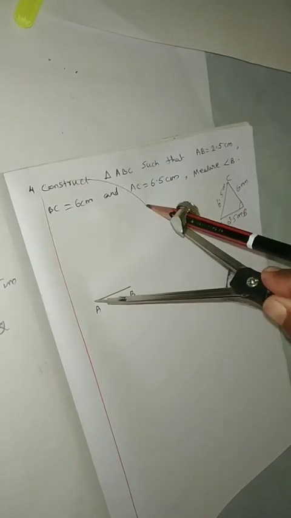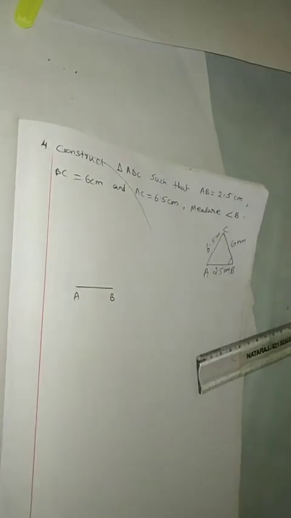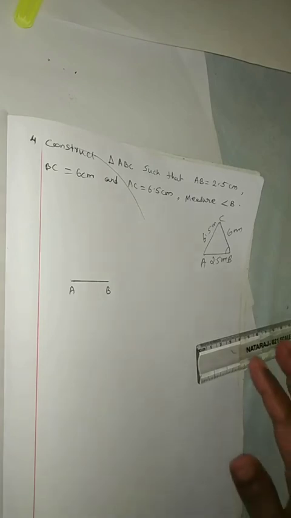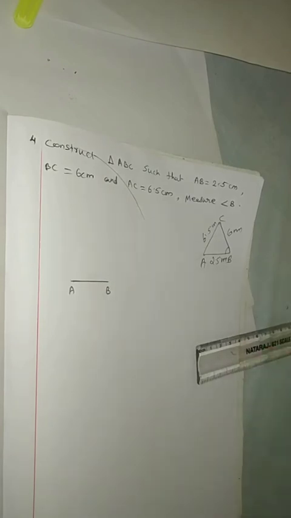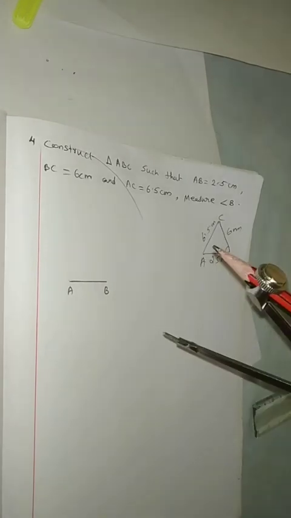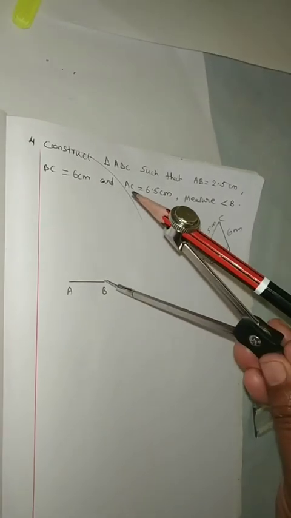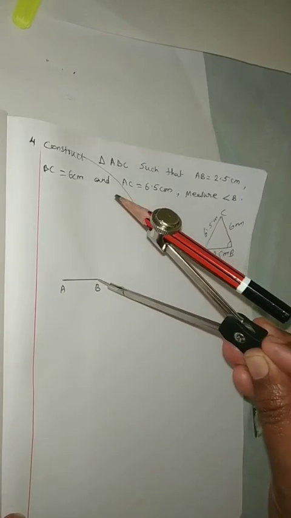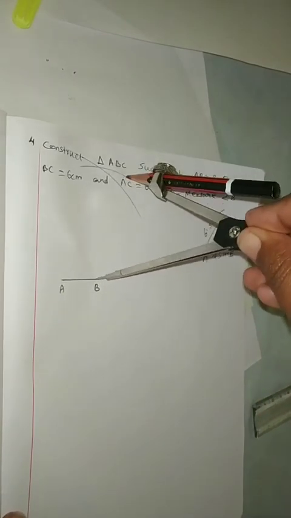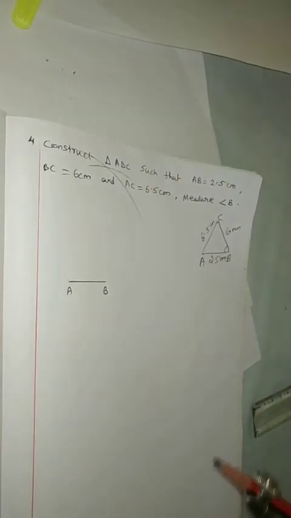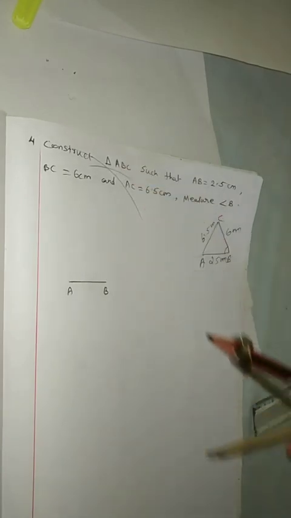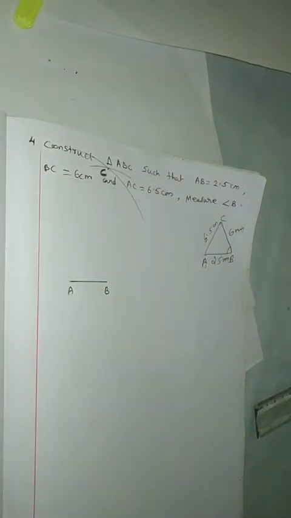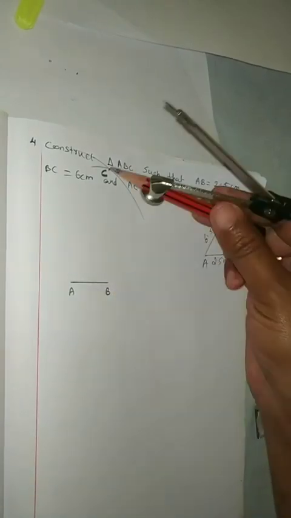Then take the compass distance as 6 centimeter. From B, draw another arc to cut the first arc. Now we mark the joining point of these two arcs as C. Then join AC and BC.